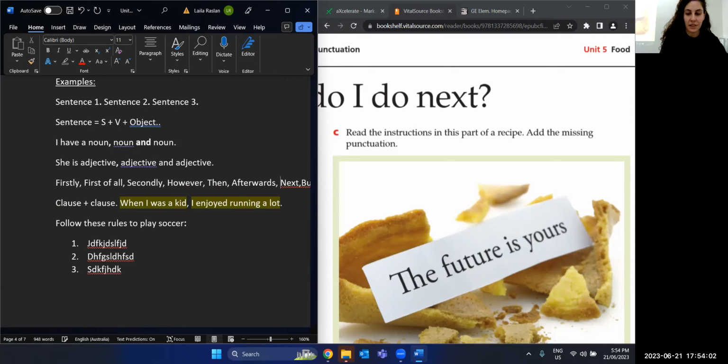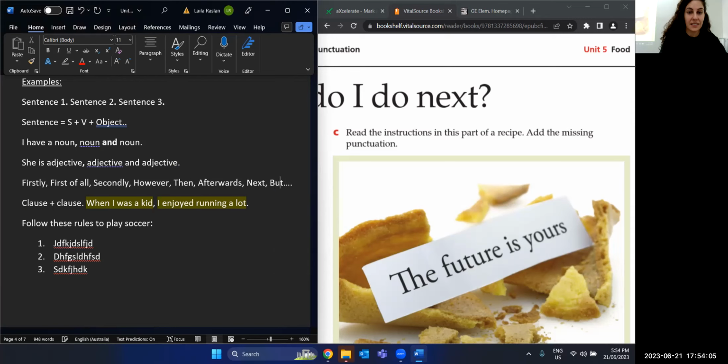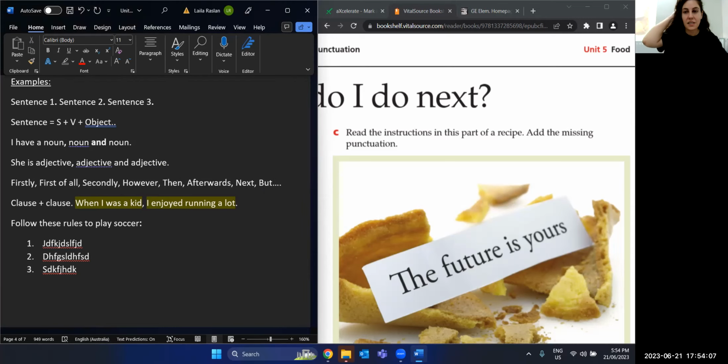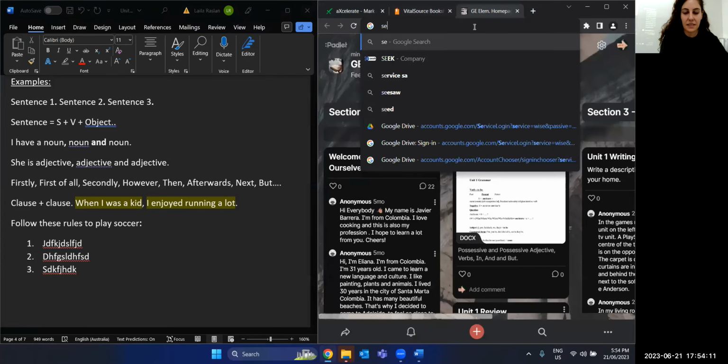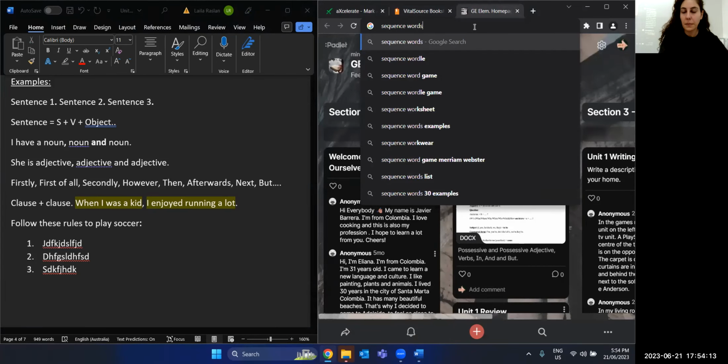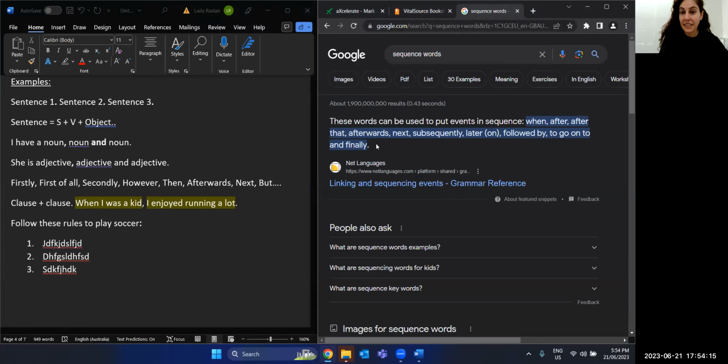Afterwards, comma, next, and but is one of them. So there are many sequence words. This is just an example, but there's also finally, subsequently, later on, followed by, after that. So all these words need commas.